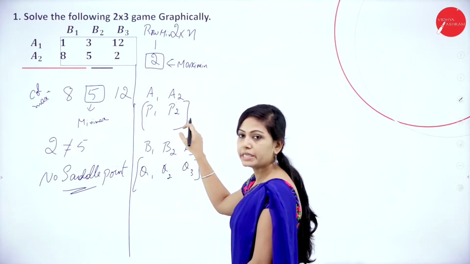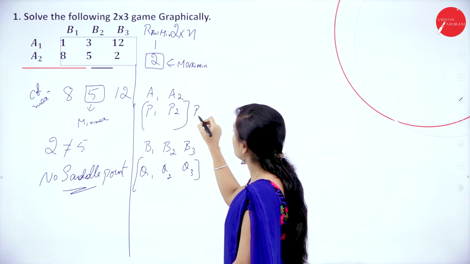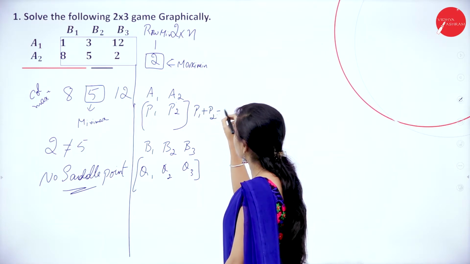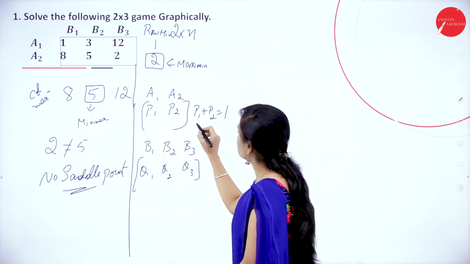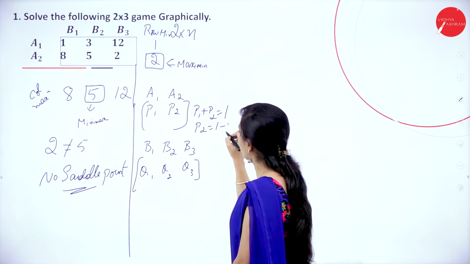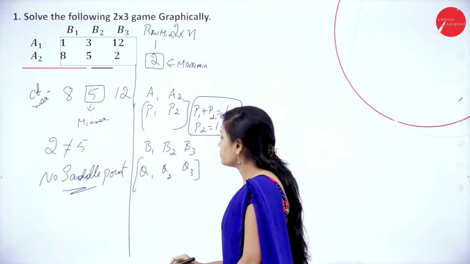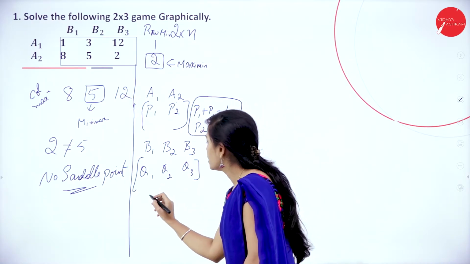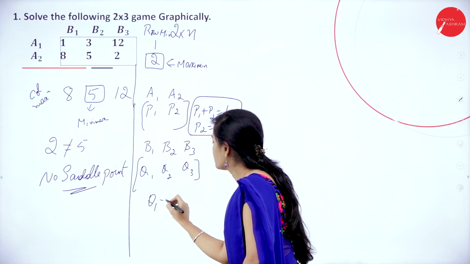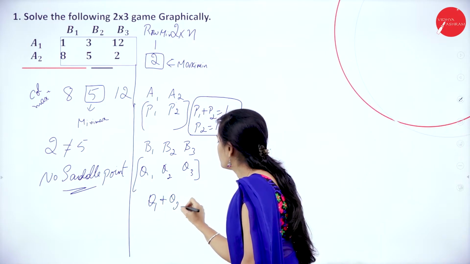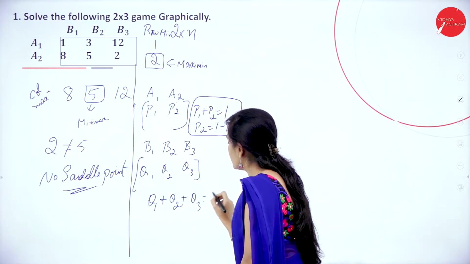So what is the probability of P1 and P2? P1 plus P2 should be equal to 1, and P2 is equal to 1 minus P1. Clear? And coming to Q, Q1 plus Q2 plus Q3 is equal to 1.